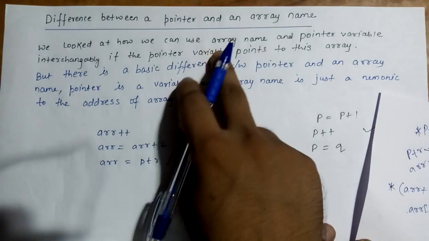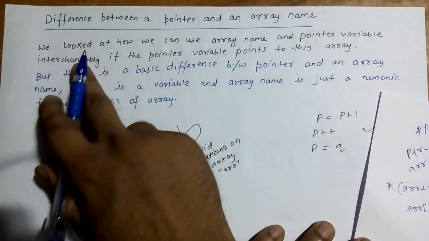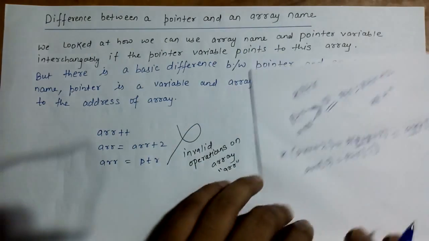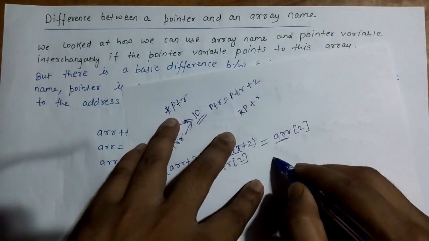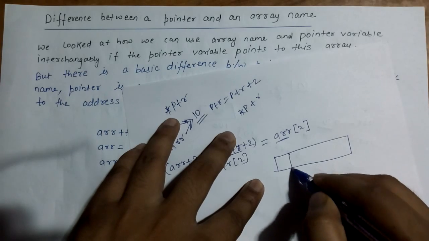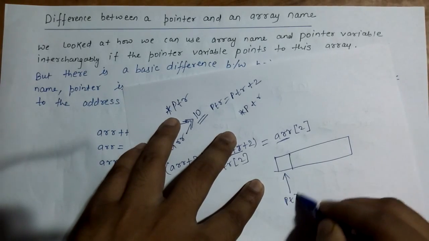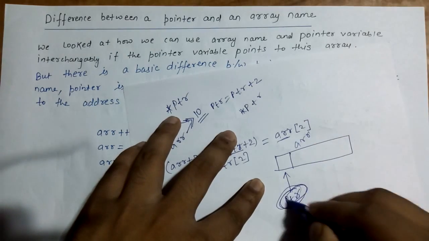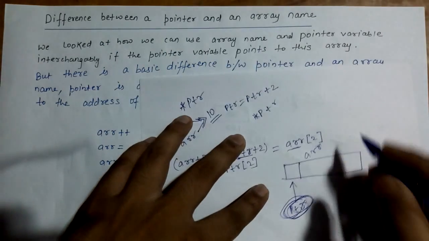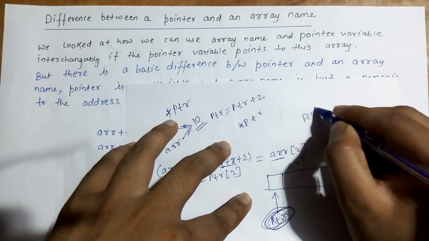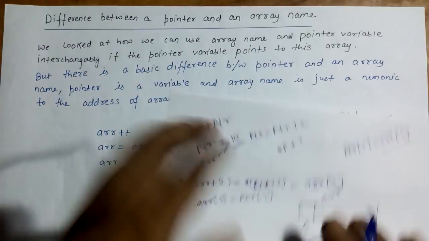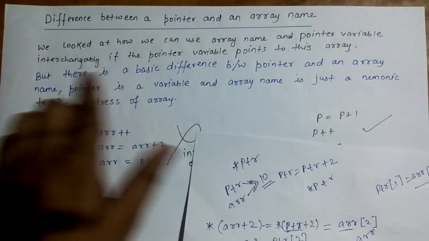We looked at how we can use the array name and pointer variable interchangeably if the pointer variable points to this array, like ptr[i] is equal to arr[i]. But there is a basic difference between a pointer and an array name.